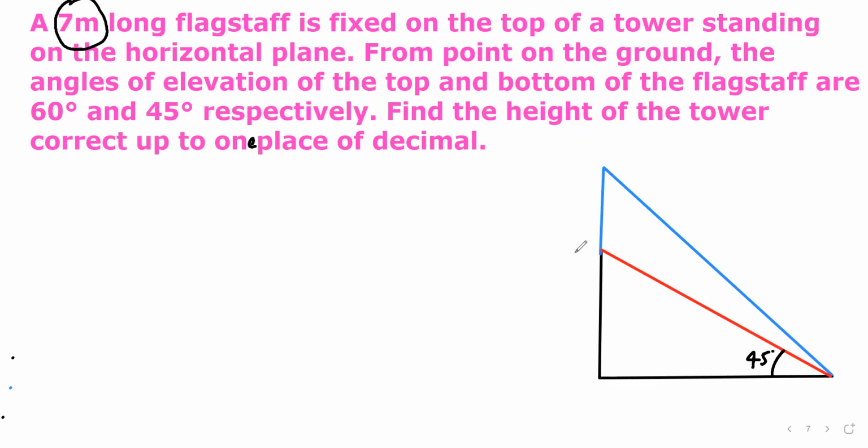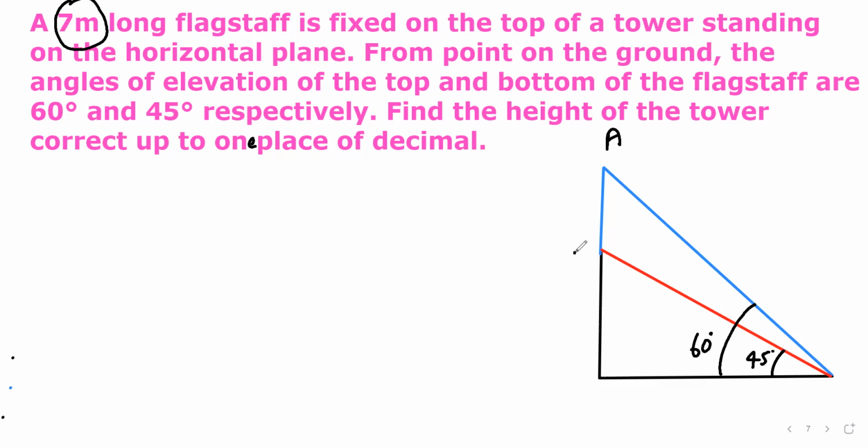We'll call the points A, B, C, and D. The height of the flagpole is 7 meters, and the height of the tower is unknown. We have to find it out. Let us take it as x.